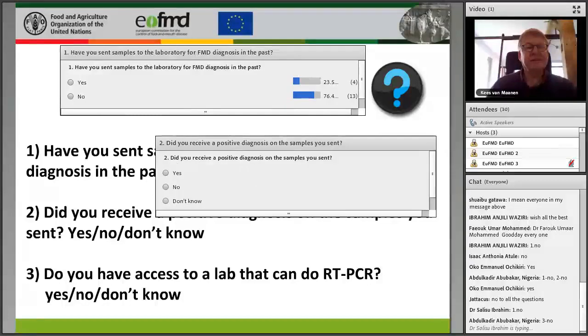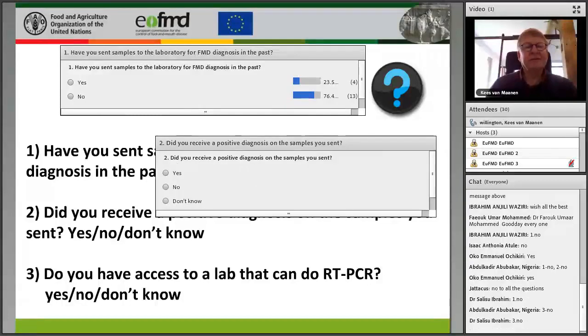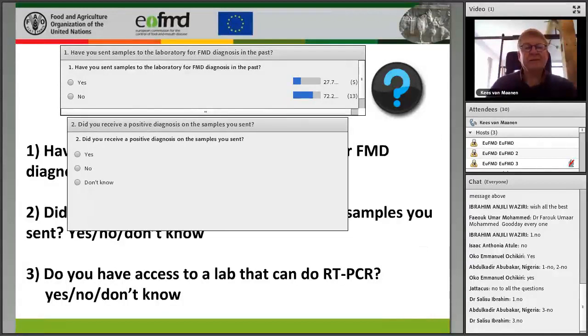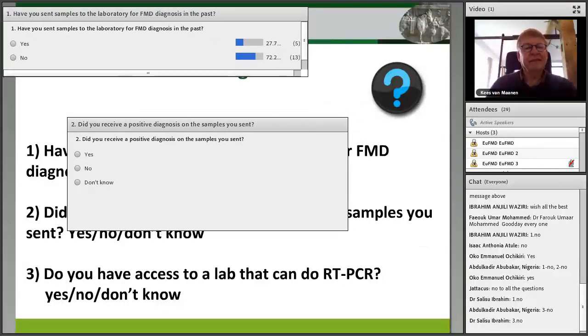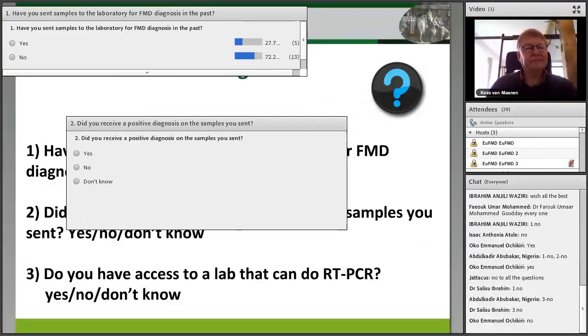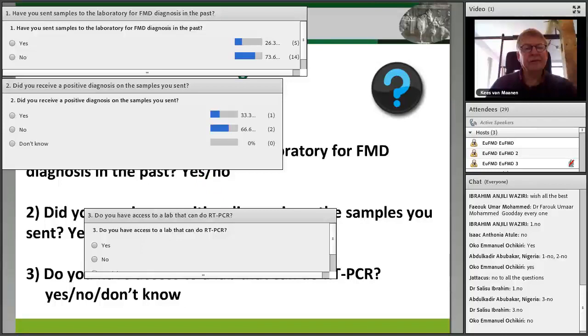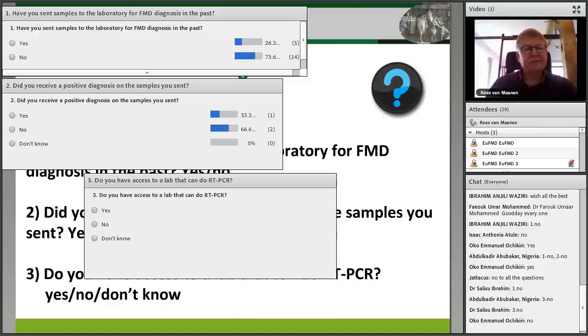And the second question is, for those of you that have sent samples, did you receive a positive diagnosis on the samples you have sent? And I know, of course, that in your region of the world there is still some lack of surveillance and laboratory capacity.